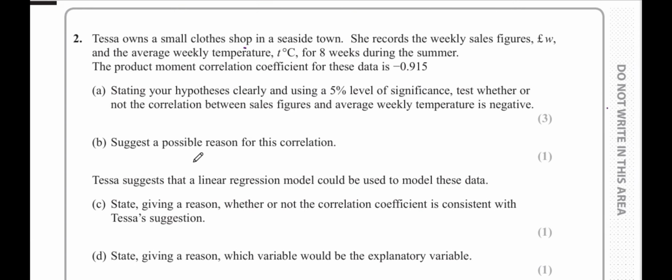Part B suggests a possible reason for this correlation. The question here compares the weekly sales figures with the temperature during summer. So why would there be a negative correlation? You could write any plausible reason why there could be a negative correlation. For example, you could say that when the temperature reaches high levels, people do not do shopping.